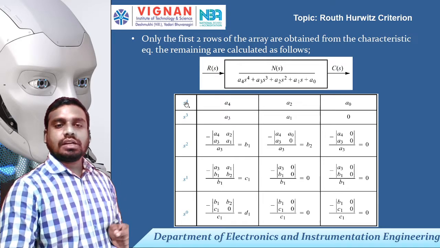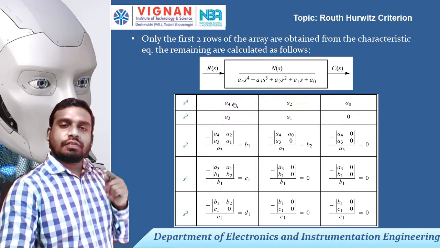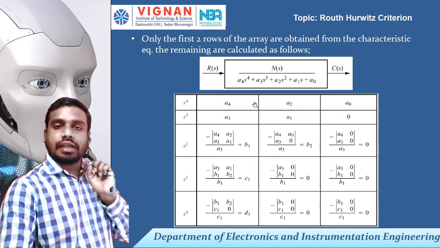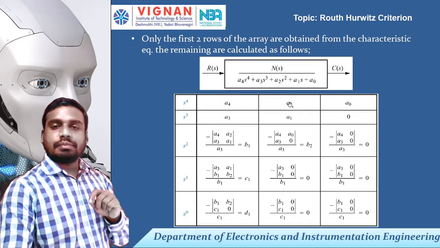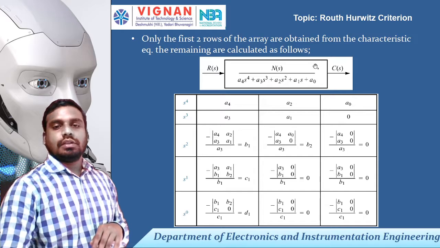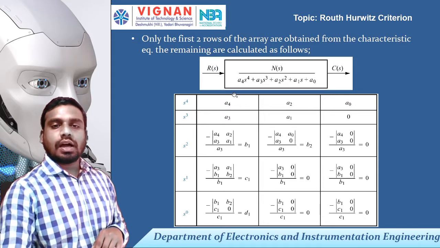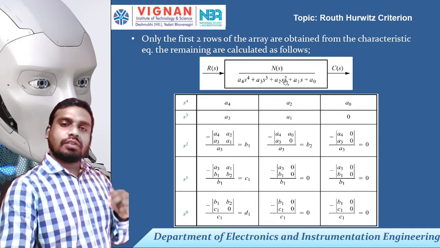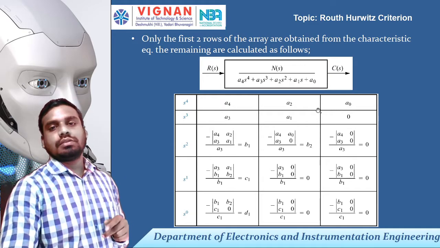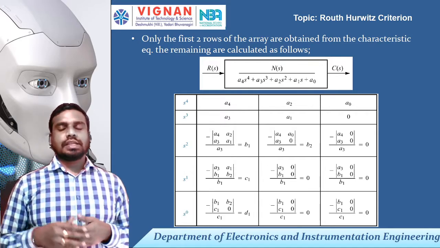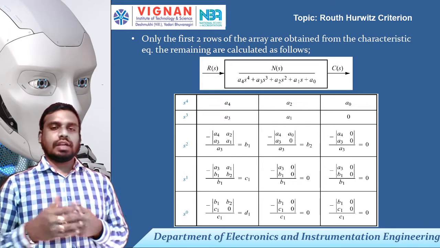If you are writing the first row, take the first element here, then skip the second element and write the third element here. Again skip the fourth element, write the fifth element here. Similarly, since you already wrote the first element of highest order here, the leftover terms you write in the second row. You can go with whichever is simple for you and easily remembered.